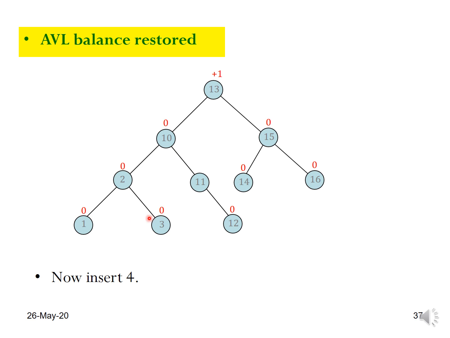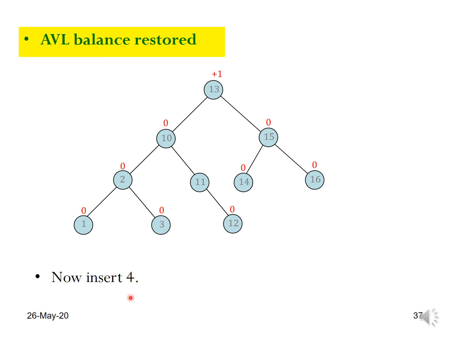We can see the balance factor of 1, 3, 12, 14 and 16 are 0, the balance factor of this is 0, this will be minus 1, this is 0, 0, and this is plus 1, because 3 minus 2 is plus 1. So all the balance factors are less than or equal to 1. So this is an AVL tree.